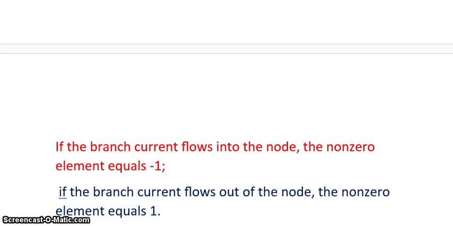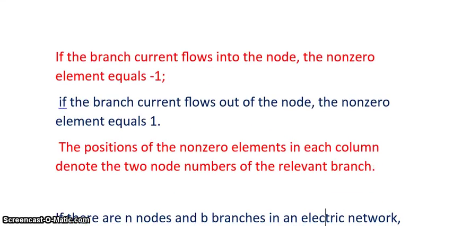If the branch current flows into the node, the non-zero element equals 1. If the branch current flows out of the node, the non-zero element equals minus 1. The position of the non-zero element in each column denotes the 2 node numbers of the relevant branch.